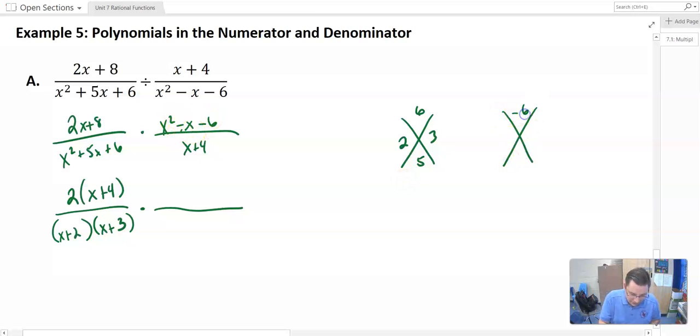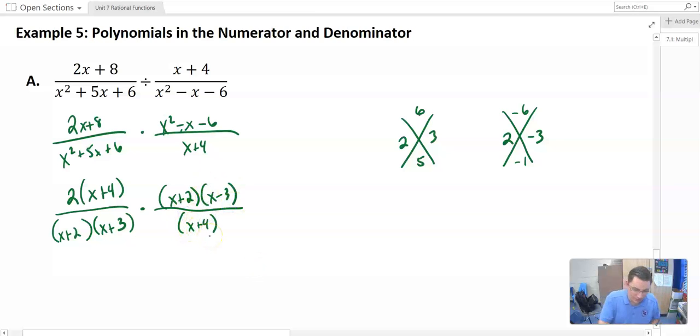And so we've got negative 6 and negative 1. So what's going to multiply to negative 6 and add to negative 1? That's a positive 2 and a negative 3. And so we're going to get x plus 2 times x minus 3, and this is all over x plus 4.